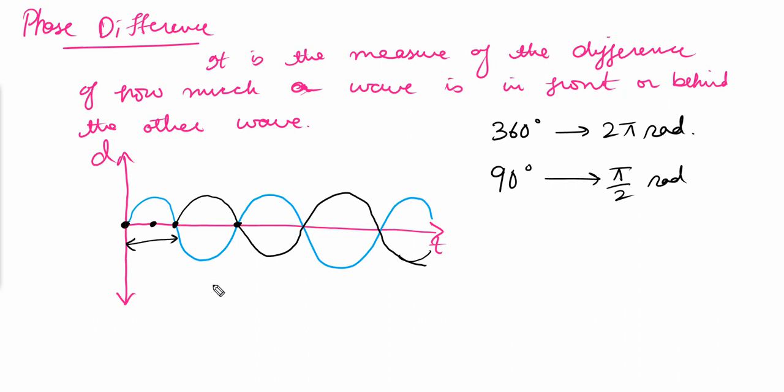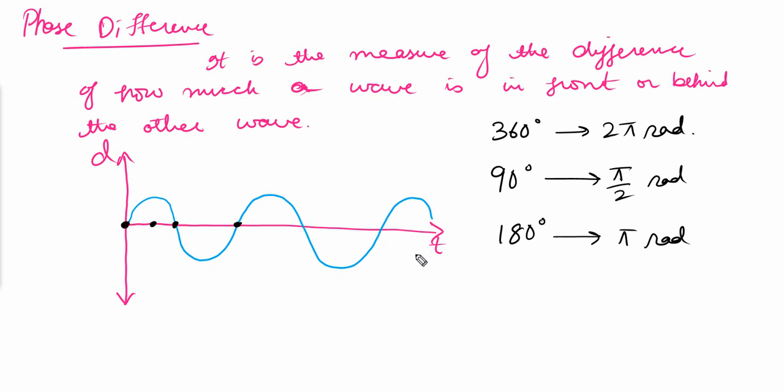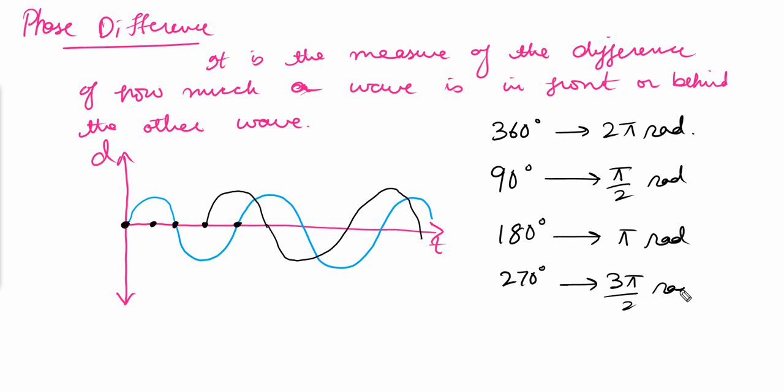The black wave has started after a half cycle, so we can say the phase difference between them is 180 degrees or pi radians. The next thing, now my black wave will start from this position, and similarly it will grow like that. Between these two waves now the phase difference is 270 degrees or 3 pi by 2 radians.